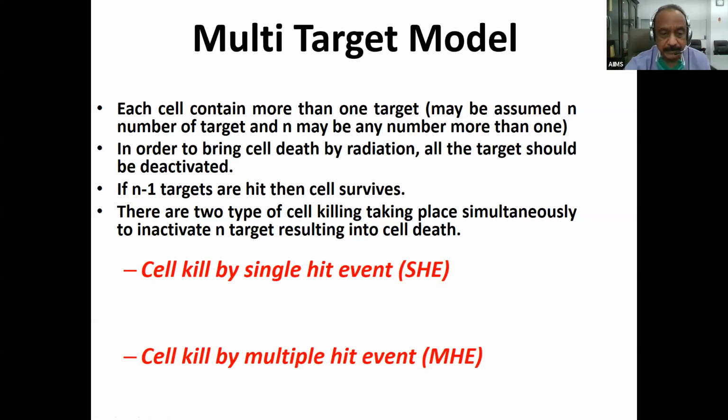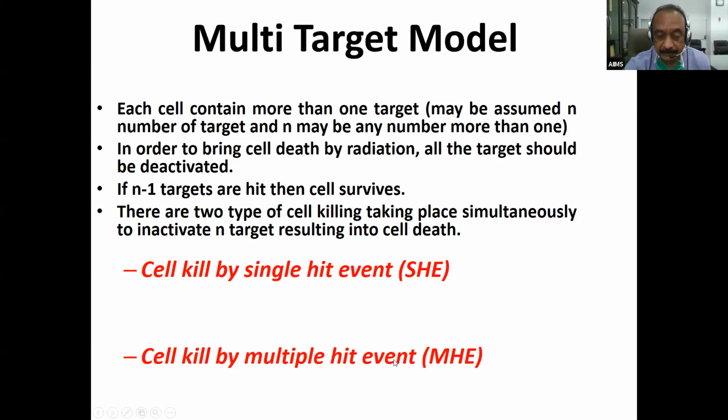Now there are two types of cell killing taking place simultaneously to deactivate N targets, which ultimately results in cell death. What are those two types? One is cell kill by single hit event, the other is cell kill by multiple hit event. In a single hit event, by a single radiation event, all the N targets are hit.